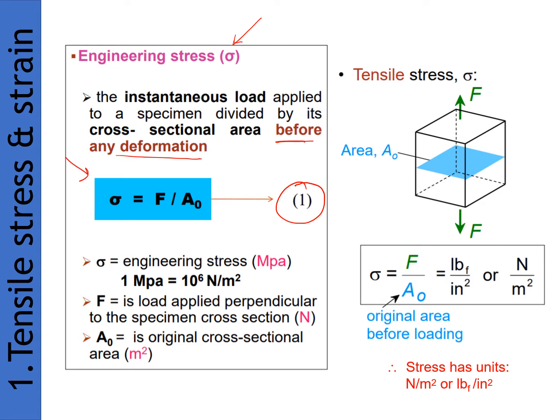The stress is in megapascal, the force is the load applied perpendicular to the specimen cross-section in Newtons, and the area is the original cross-sectional area in square meters. This is the formula that you need to memorize, a common formula for all tensile tests. The unit can be Newton per square meter in SI.